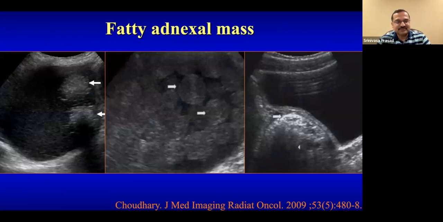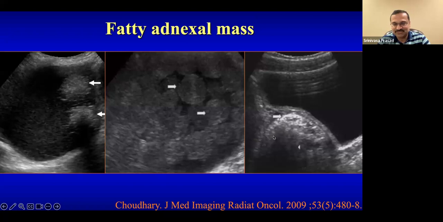So here are some examples of mature teratoma in which you can have a complex cystic mass with what are referred to as the so-called cheese balls with or without acoustic shadowing. And here are more cheese balls filling up the entire cystic area.